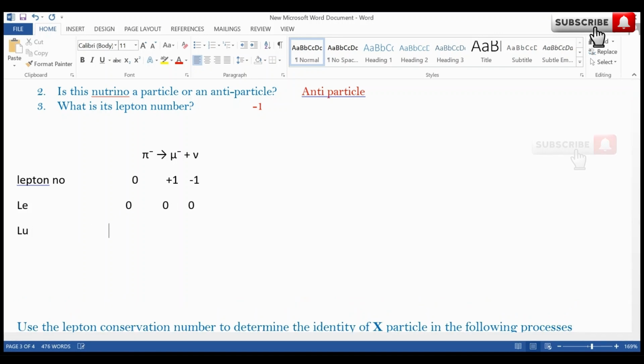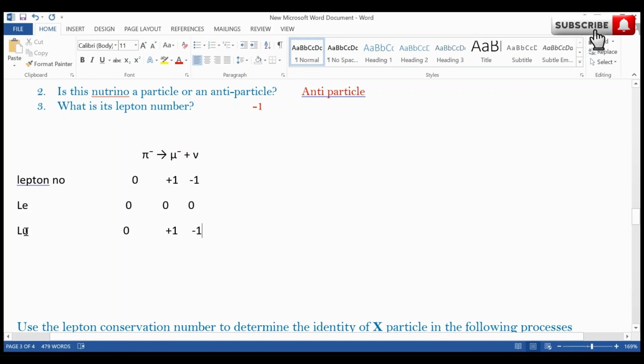For muon lepton number, 0. Muon belongs to the muon lepton family, so here +1. To conserve the law, we must have 0 on the right side as we have 0 on the left side, the reactant side. So in order to get the 0, there must be -1. Both these will cancel each other and we will get 0 on the product side as well.